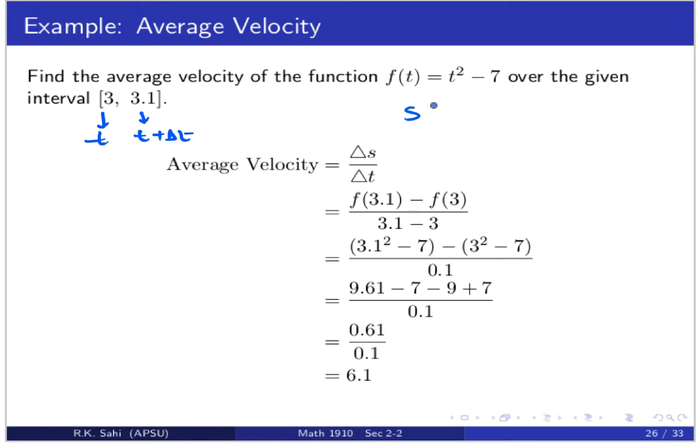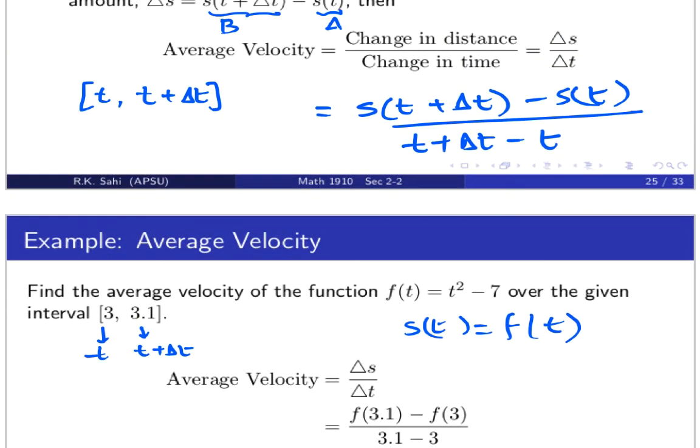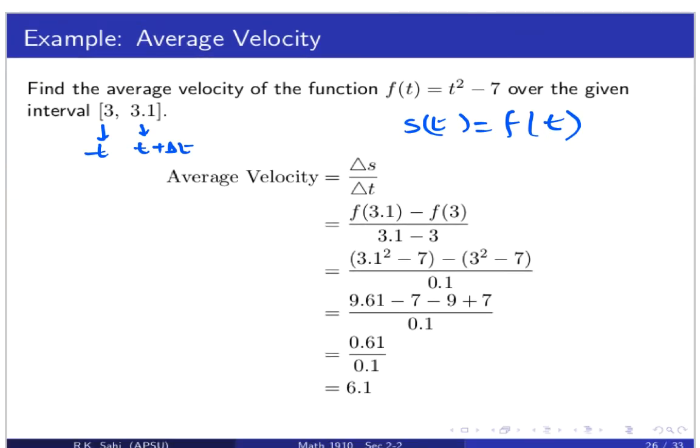Your s of t is now f of t. So delta s is s of t plus delta t minus s of t, that's f of t plus delta t minus f of t, over t plus delta t, which is 3.1 minus 3. After that, it's just simple computation.